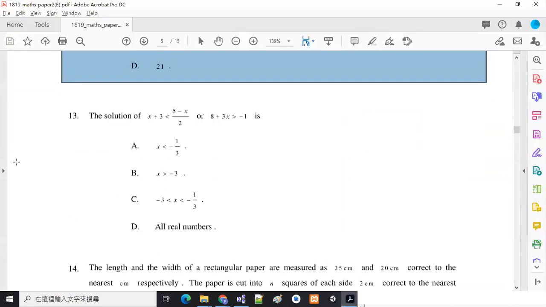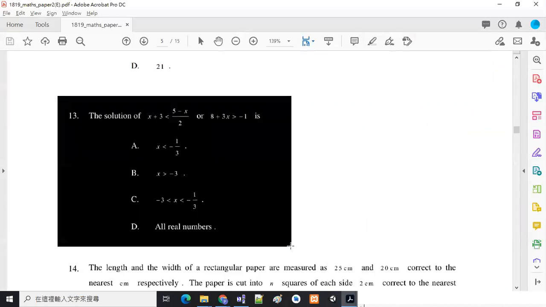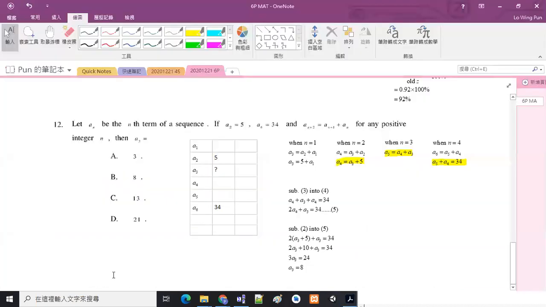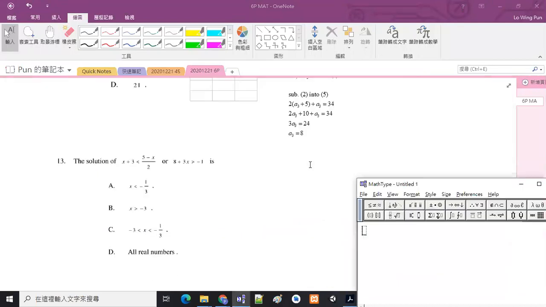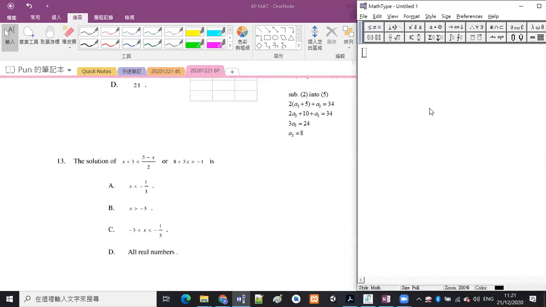Okay, next inequality, compound inequality. X plus 3 is less than 5 minus x over 2. So the right hand side is just one single fraction, so I just multiply the 2 to the left hand side.